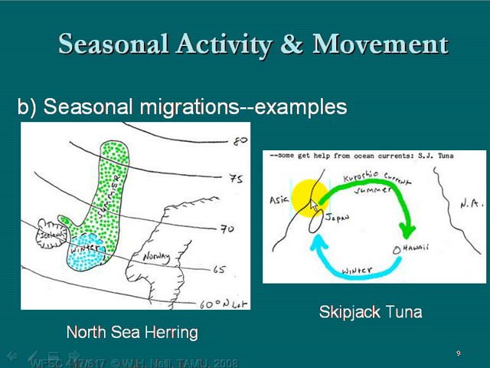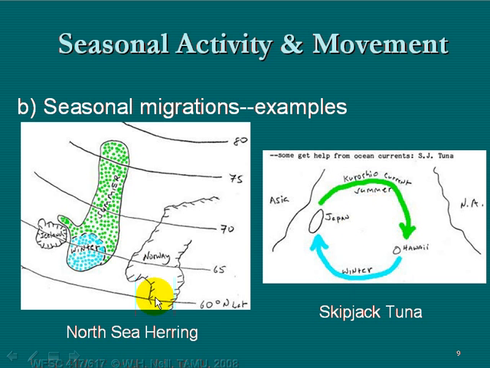You know, they sort of follow this loop, and the loop is sort of directed and assisted by the prevailing currents, the Kuroshio, takes them across the North Pacific. And then they come down through Hawaii during the late summer and fall, and then in the wintertime they're down around Christmas Island, and then back north through the Japanese home islands and back north again.